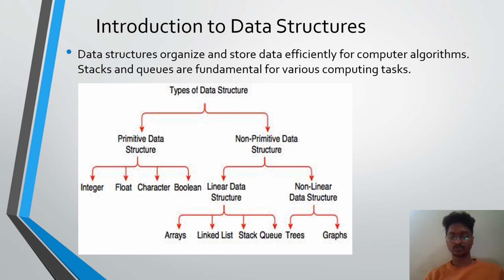The examples for linear data structures are arrays, linked lists, stacks and queues. The examples for non-linear data structures are trees and graphs. So among all these examples, we are going to learn about stacks and queues in this video.